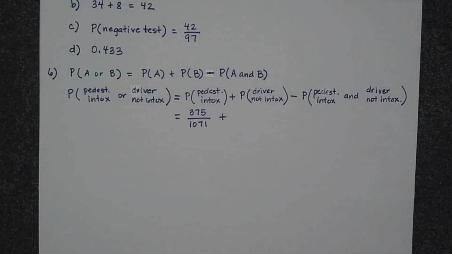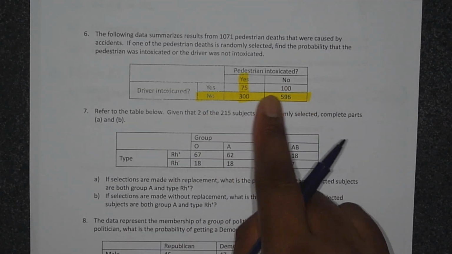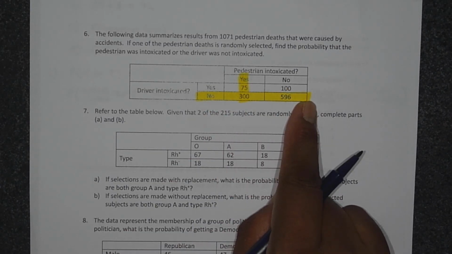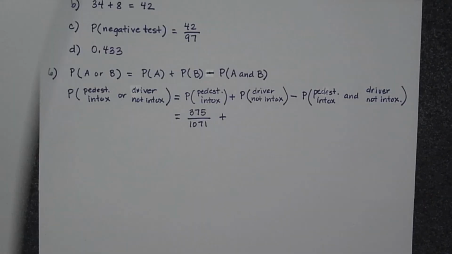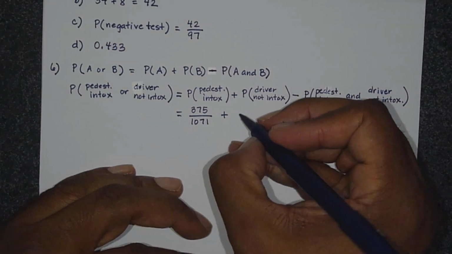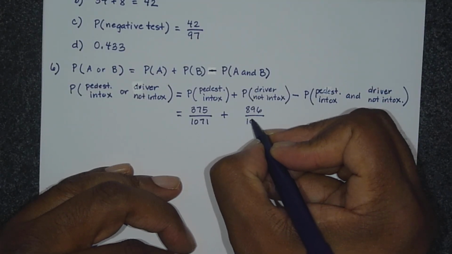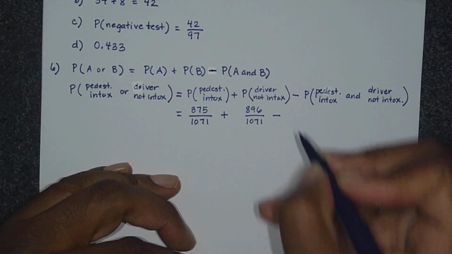And then plus the probability that the driver was not intoxicated. How many were not intoxicated? 896? Yeah. So you add the 300 and the 596. Yes. 300 and 596 gives you 896. And that's going to be over 1,071.